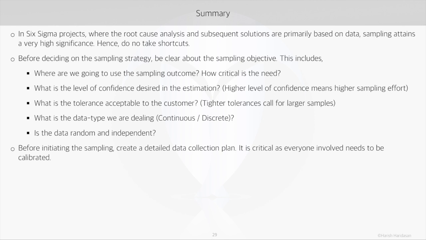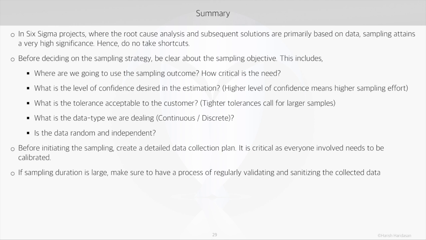Once the sampling strategy is clear, make sure a detailed data collection plan is prepared. It helps to calibrate the entire team so everyone knows what to do, how to do. If sampling duration is large, make sure to have a process of regularly validating and sanitizing the collected data, as any mistake that's detected at a later stage will carry a risk of repeating the sampling activity.